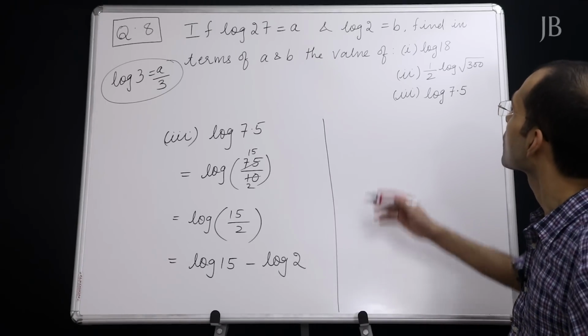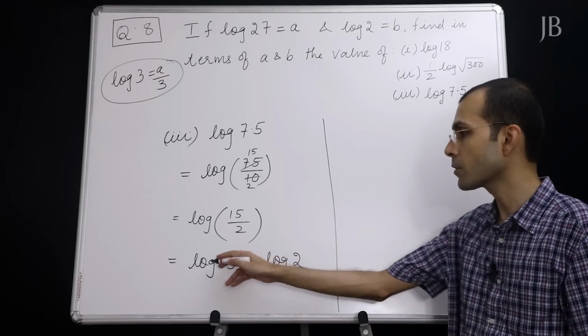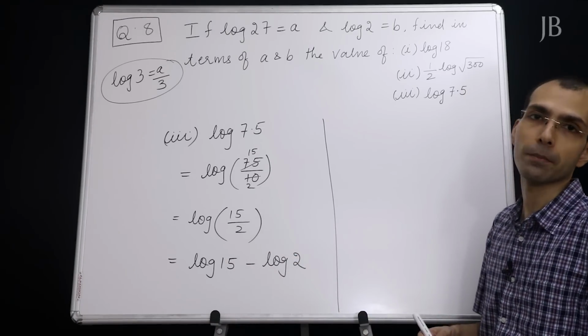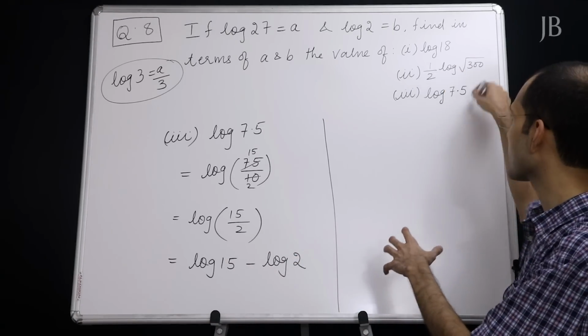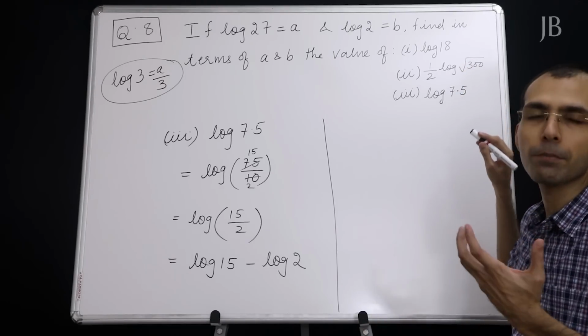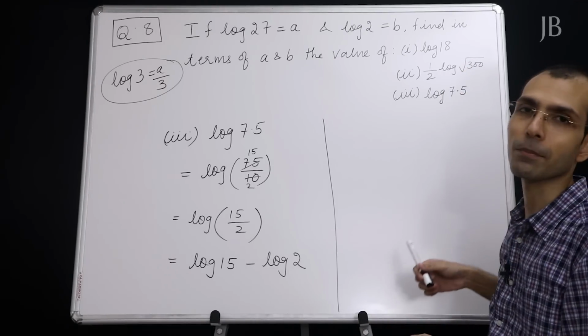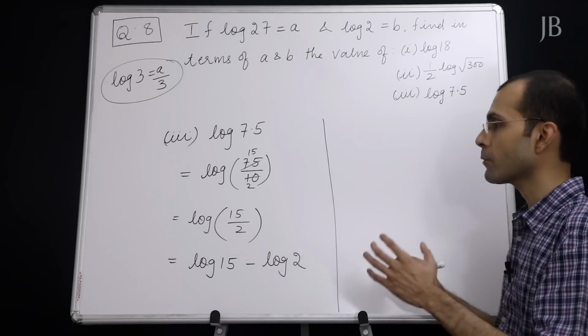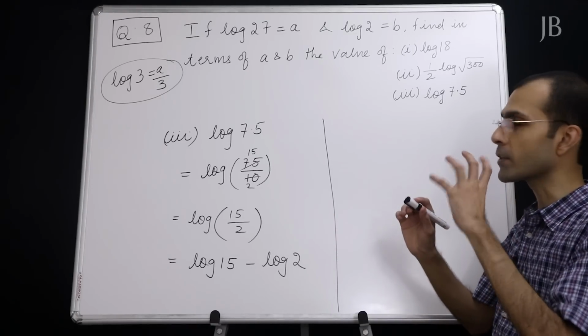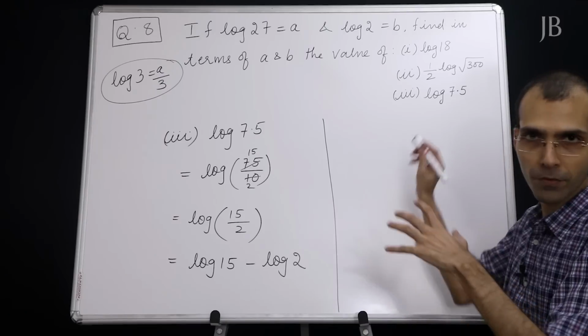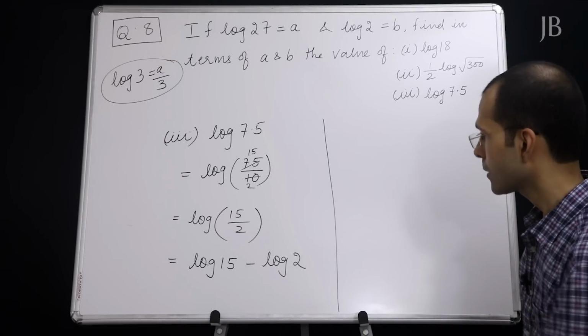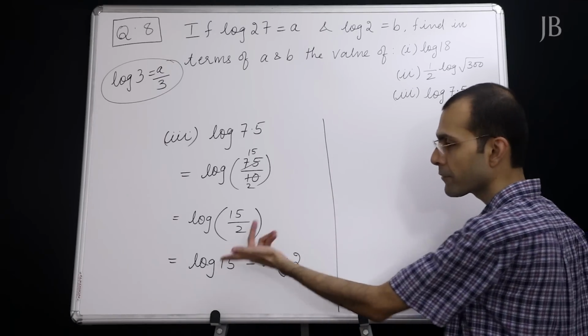Log 2 is b, nice, but this log 15 is creating a problem. See, I have taken these very advanced subparts. In the exam, if such a heavy subpart comes, they will ask only one subpart, not so many. But I want you to get exposed to all tricky and good typical situations, so we have to take such subparts. Now, log 2 is b, okay, log 15 what to do?